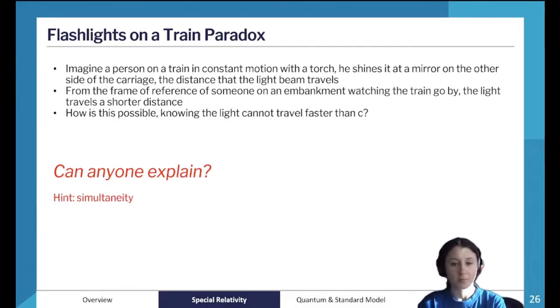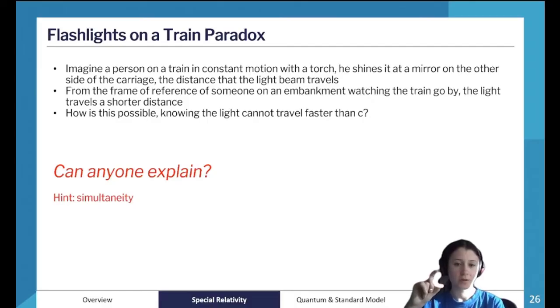So, let's have a think about this. We have a person on a train. The train is going very fast, but it's going at a constant speed. He's shining a light on a mirror on the other side of the carriage, and the light beam is traveling between him and the mirror.